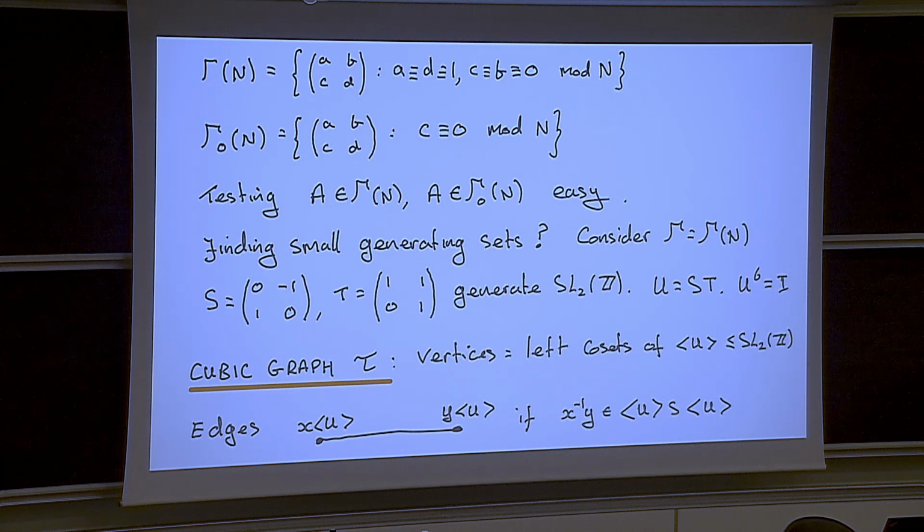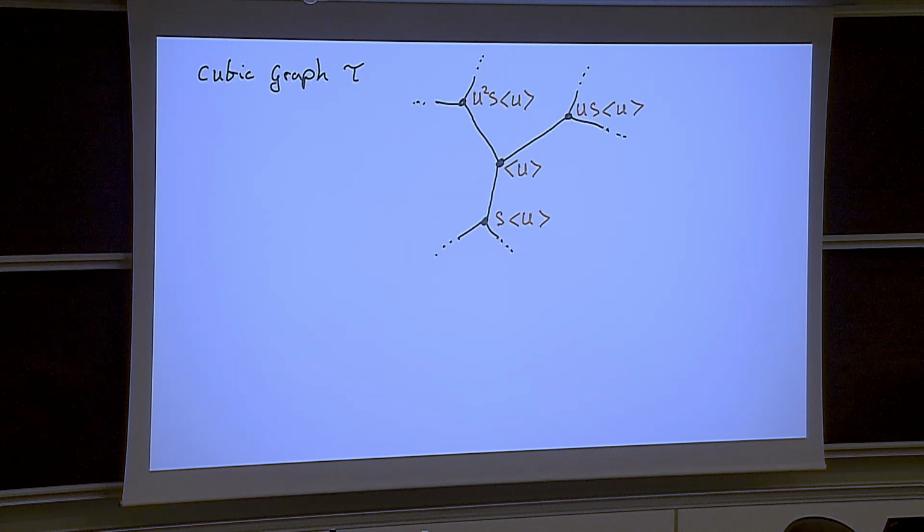And then you do some calculations and you draw this tree to get a feel for what it looks like. And there's a piece of the tree. I guess this is the coset of the subgroup U represented by the identity. And it turns out this is why it's called the cubic tree.